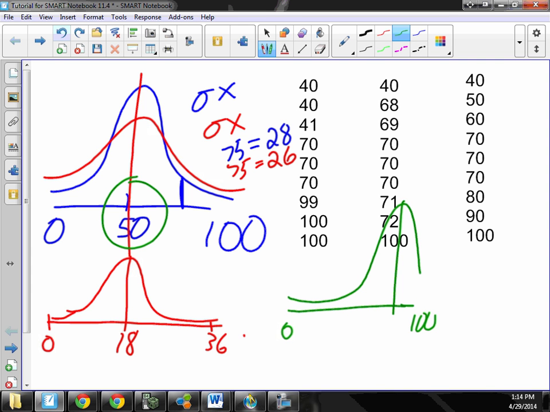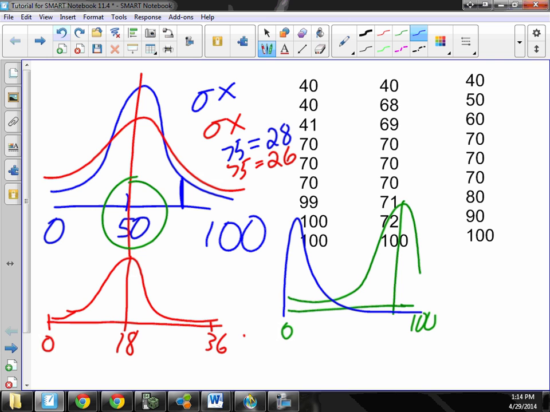Most of the people did so well, there are probably things I didn't ask that they would have known. Does that make sense? It was too easy of a test. And if you had a curve that looked like this, nobody knew anything. So that doesn't help you prepare for next year.